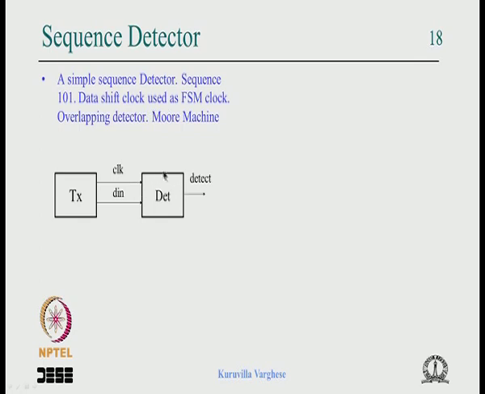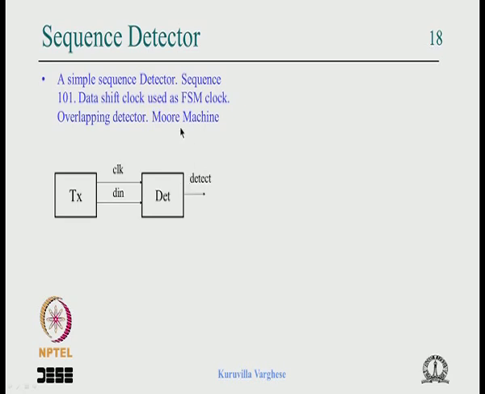So we are coming up with a state machine to detect a pattern 101 sent by the transmitter. That means this detector is continuously looking at the data on D in, which is synchronized with the clock. So on every positive edge the data is sent, and the detector is continuously looking at it, and whenever it receives 101 it makes detect high.